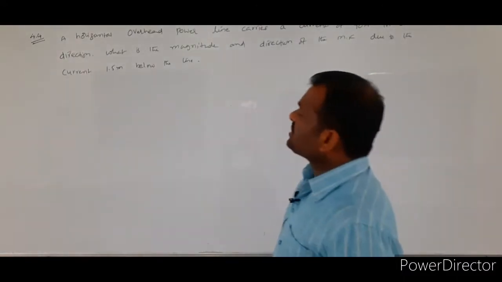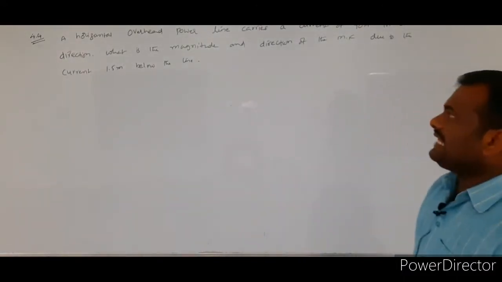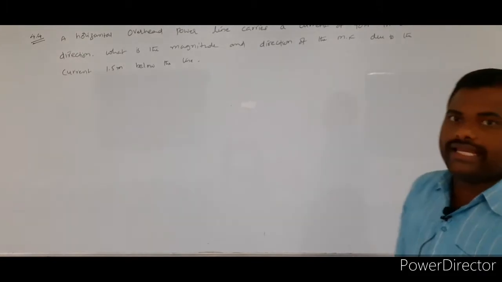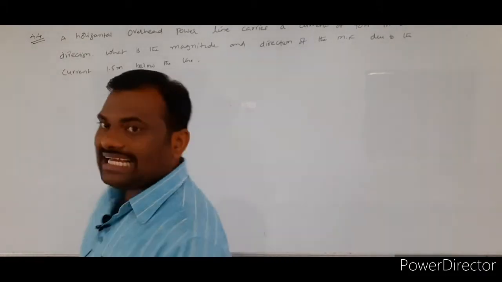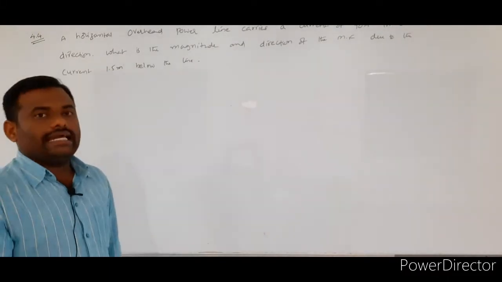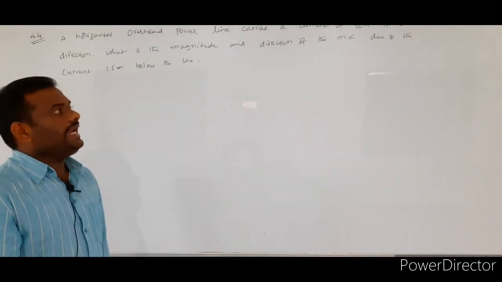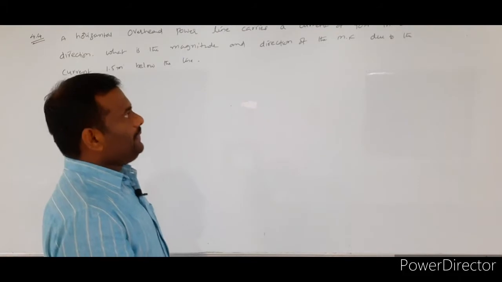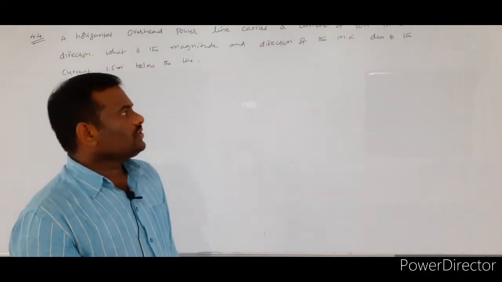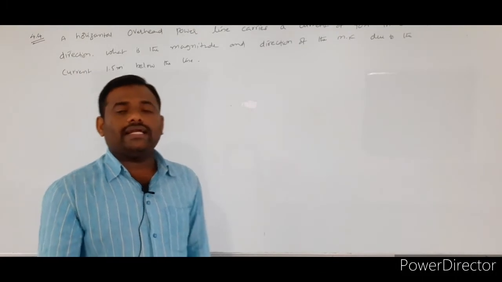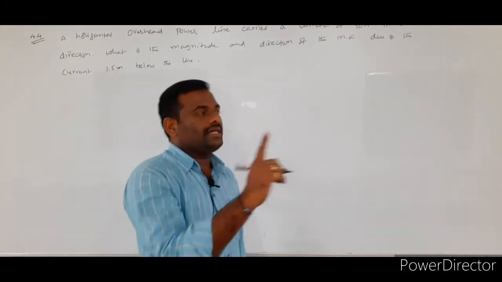Okay. Coming to the next numerical. A horizontal overhead power line carries a current of 90 amperes in east to west direction. So we consider a horizontal power line carrying the current.